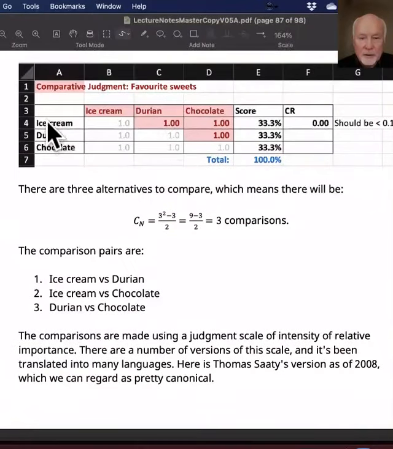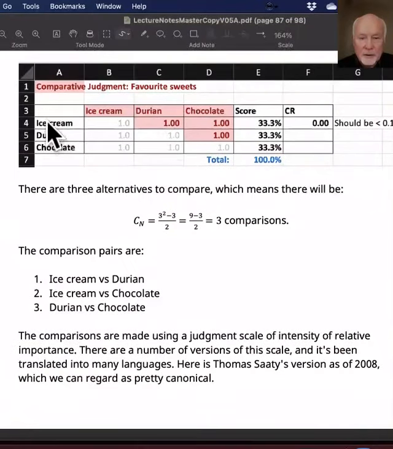So in this case, durian is slightly preferred over chocolate. So I put the 2 there, not 1/2. Okay, so that's what we get.